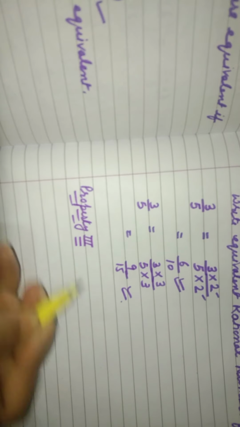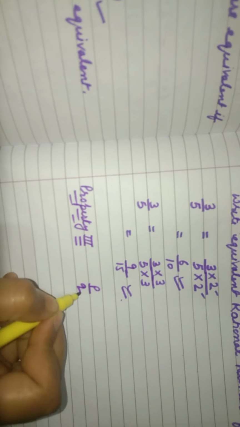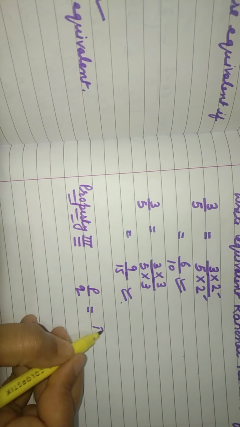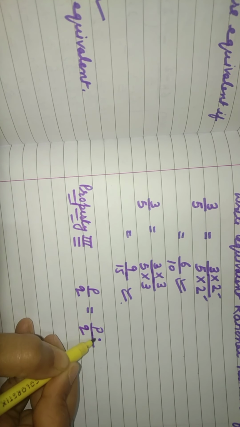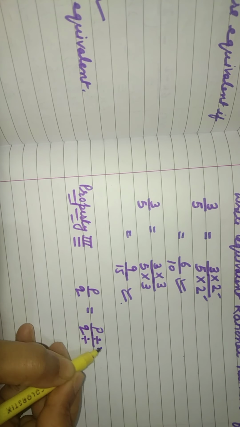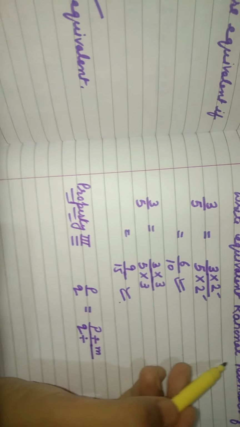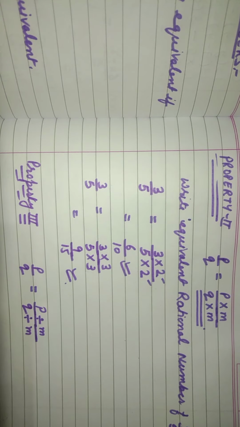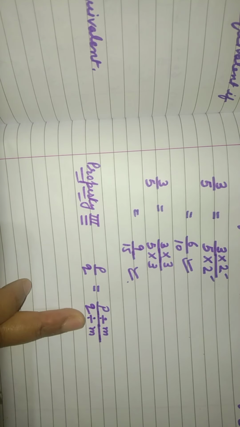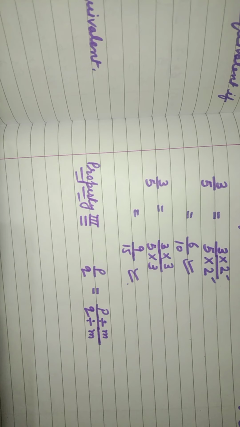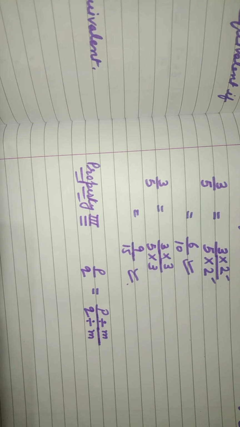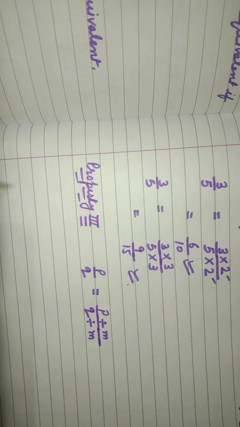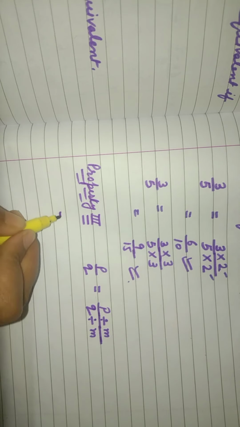In this property, again P upon Q is a rational number. In the second property we multiply, and in this one we divide both numerator and denominator by the same number. For example, let us understand this also by an example.